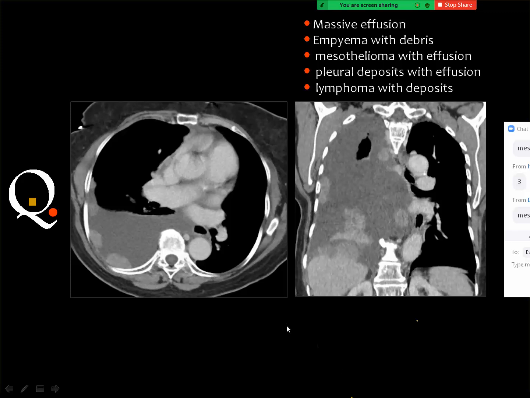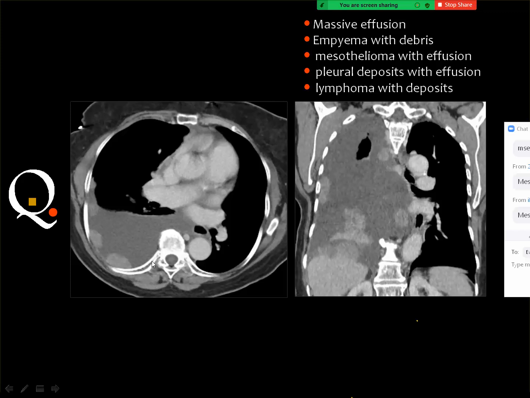Actually, mesothelioma is the most common primary malignant tumor of the pleura. But you can remember that mesothelioma is a sheet of soft tissue, non-uniform thickness soft tissue masses encasing the lung and extending into the fissure.